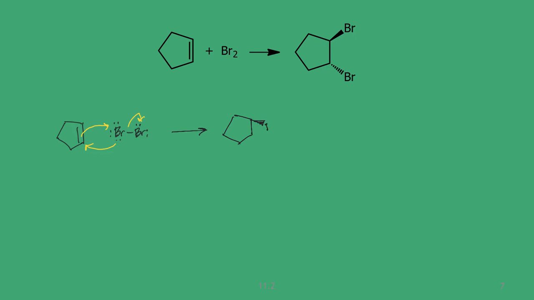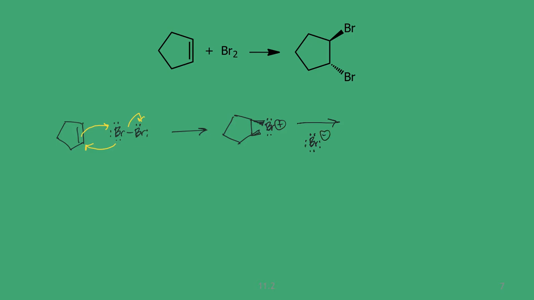This adds a bromine atom in the form of a bromonium ion to one face of what was the double bond. This is followed by a nucleophilic attack of bromide ion from the opposite face of the bromonium ion.